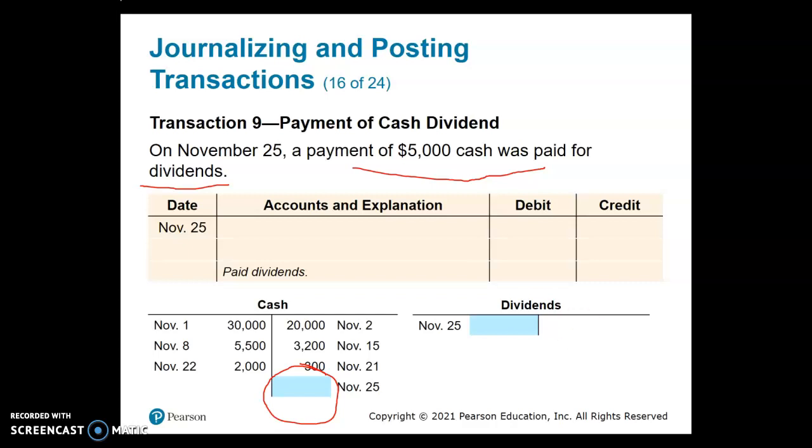So dividends goes up, and dividends going up is a debit. Now posting, cash going down on November the 25th is a credit. Dividends going up is a debit.